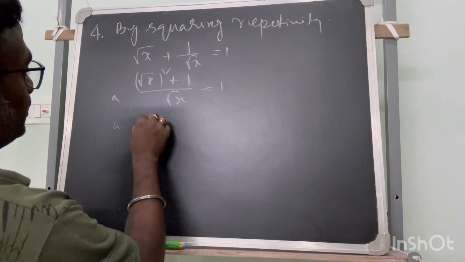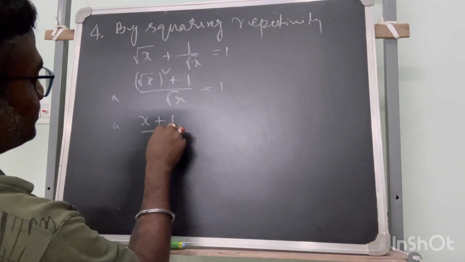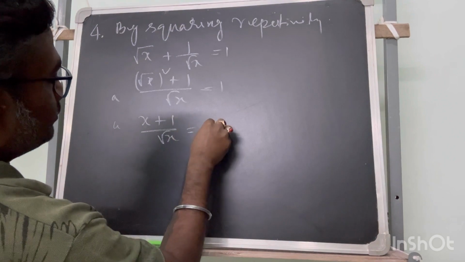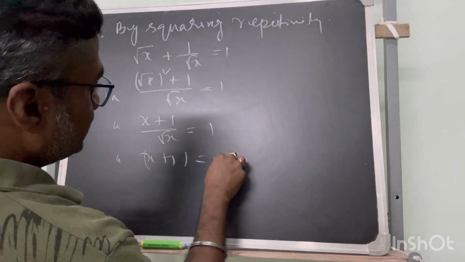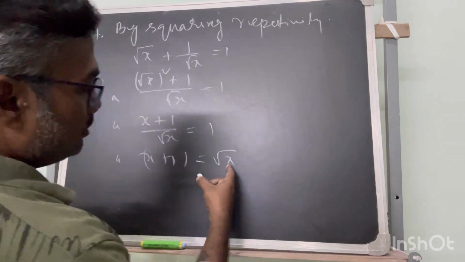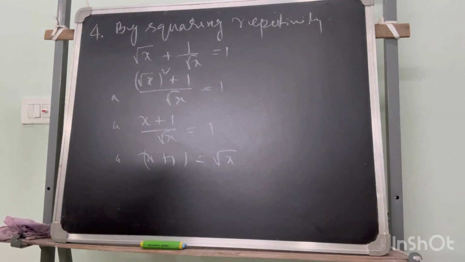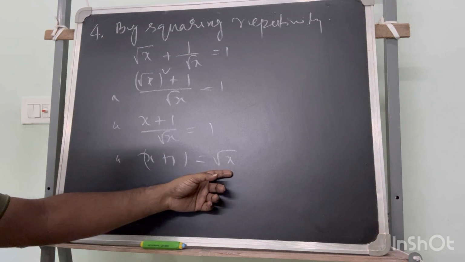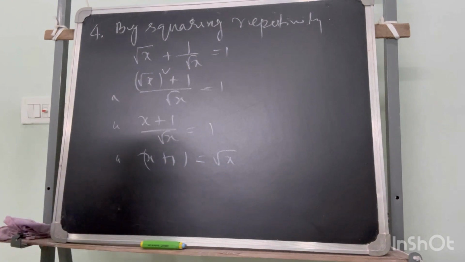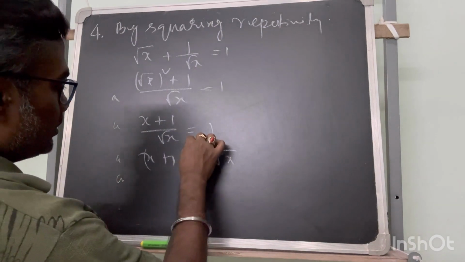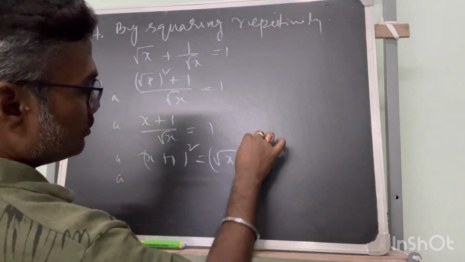So I will get x plus 1 by root x is equal to 1. Still this contains root x, that means a fraction, so I still cannot conclude what order of equation this is. So what I will do in the next step is square it.